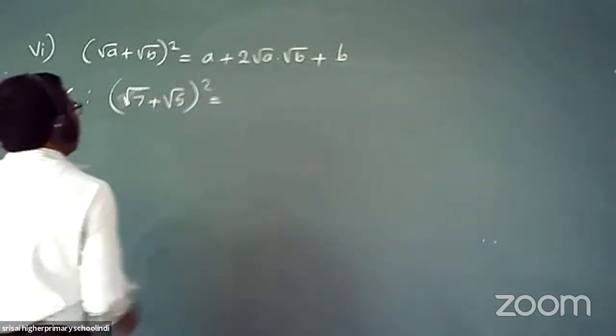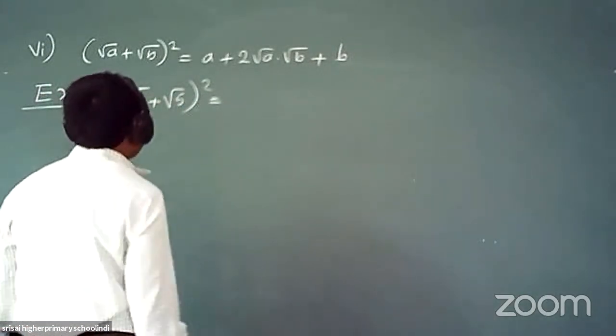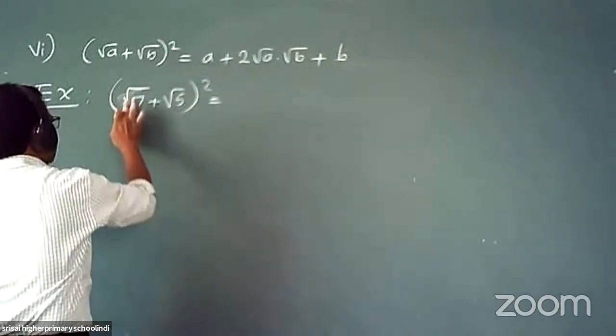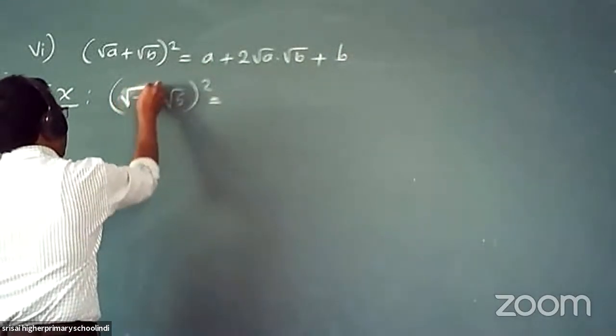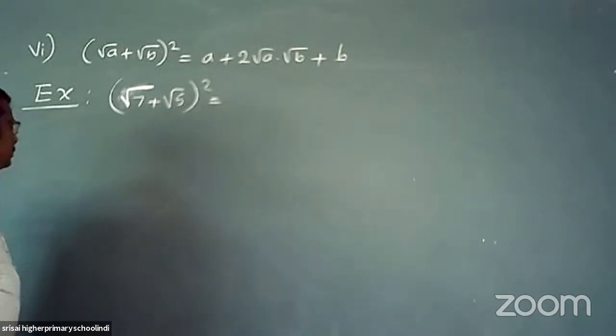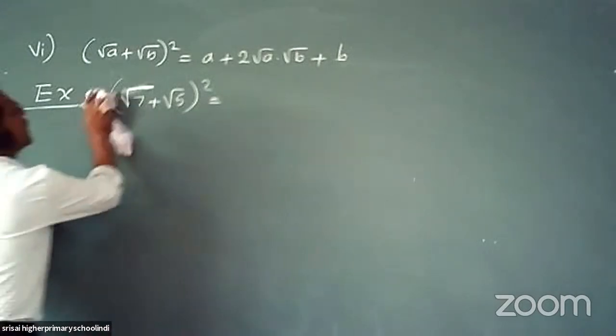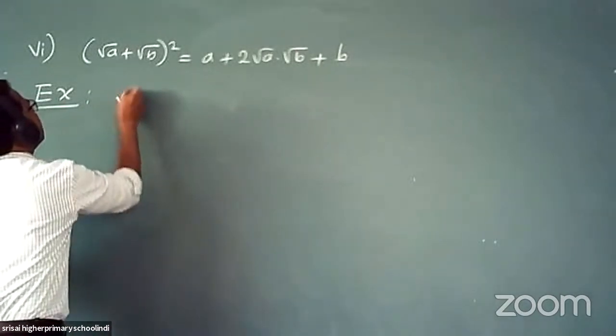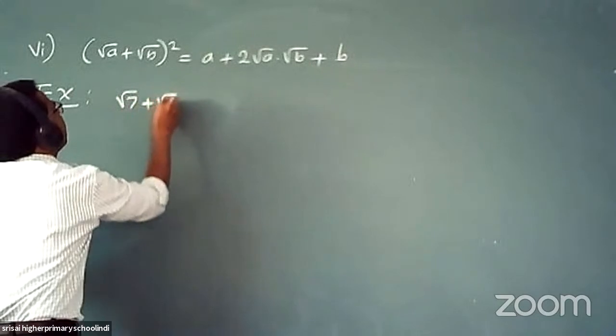So now, this is equal to, how will you write A? A is how much here? A is 7 or square root of 7? Square root of 7. I'll write again, it is (square root of 7 plus square root of 5) bracket square.